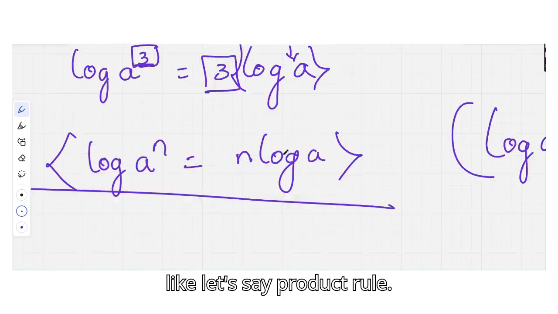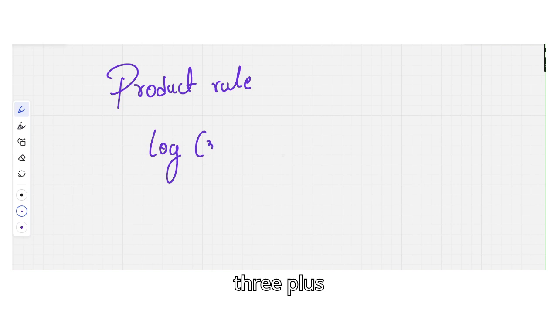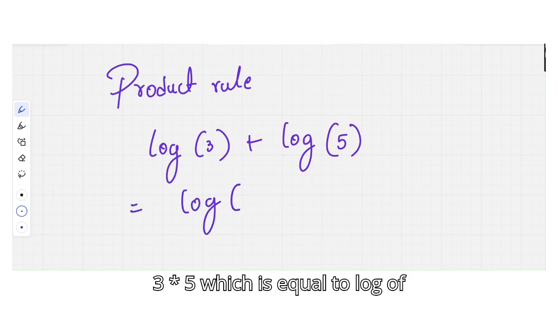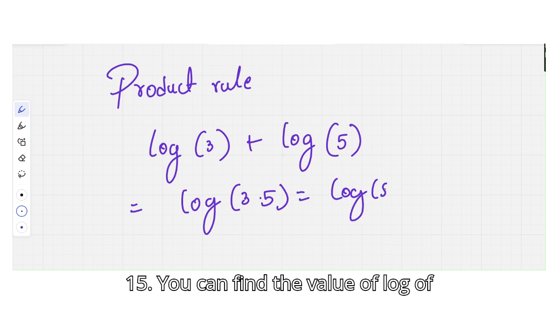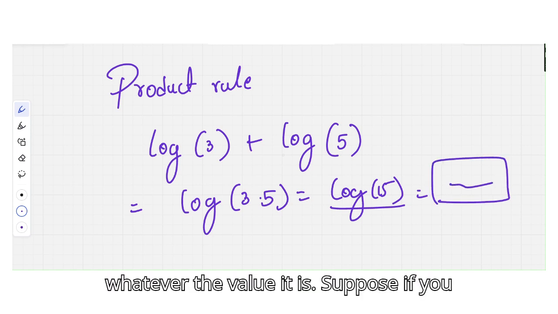Like let's say the product rule. If you have something like log of 3 plus log of 5, then you can rewrite them as log of 3 times 5, which equals log of 15. You can find the value of log of 15 and write down whatever the value is.